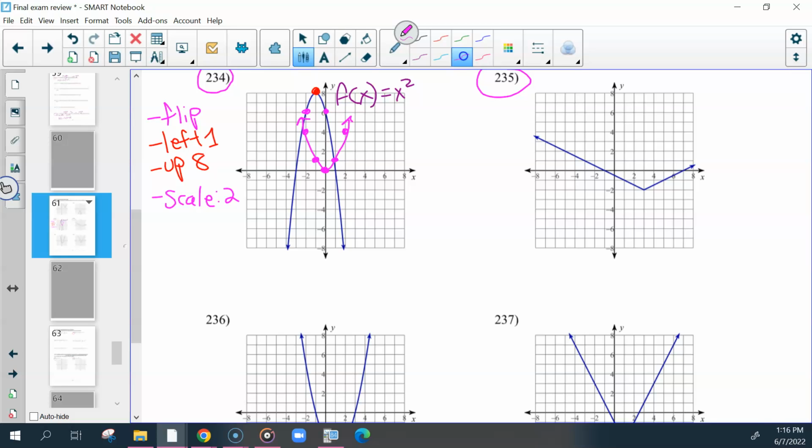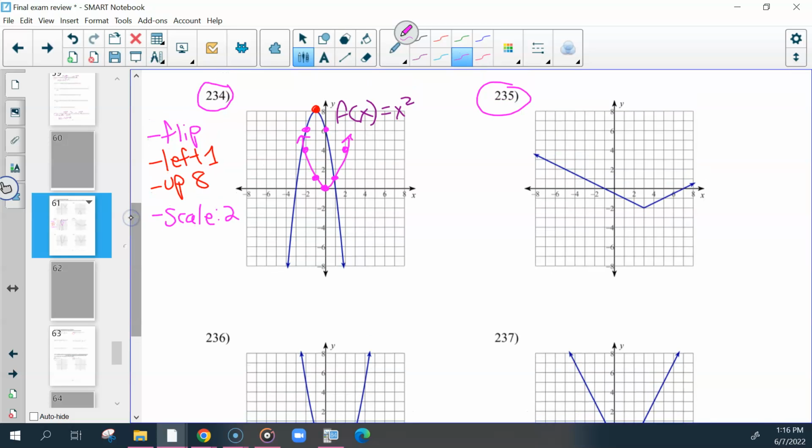So if we put all those things together, start off with our function f of x. Negative and scale needs to go in the front because these are both outside things. Negative would go first, and then our scale. Left is on the inside, so we would do that next.